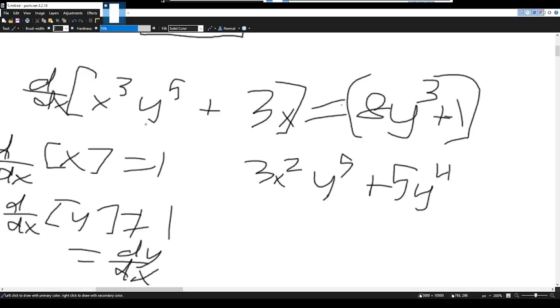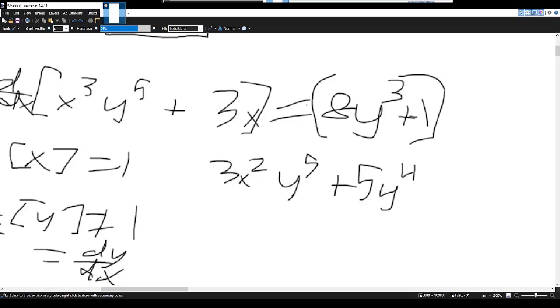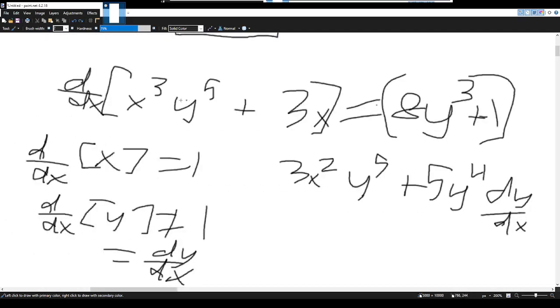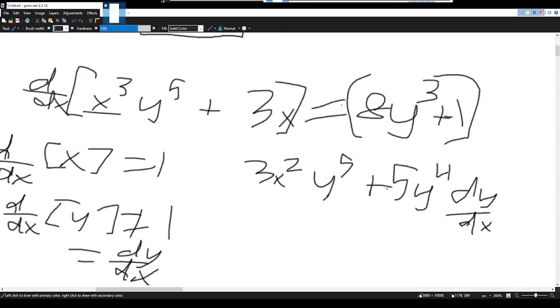But really, this is a chain rule because y is already a function of x, so we have to do this times dy/dx. If you want to think of that as x times f of x or something, to make it easier. Since we're doing the derivative in terms of x, we don't have to do 3x squared dx/dx because dx/dx is just 1, but we do have to do it for the y.